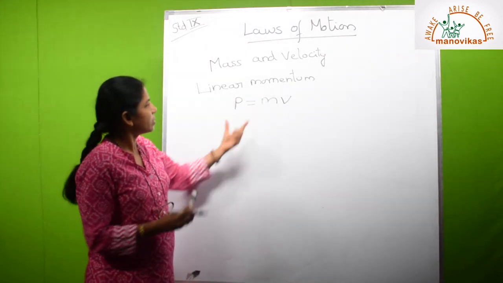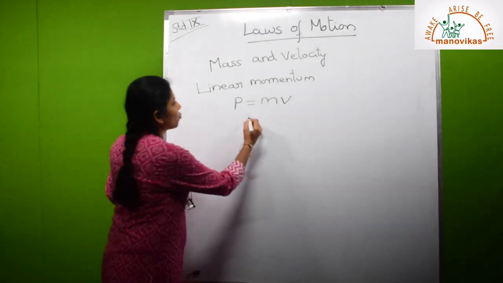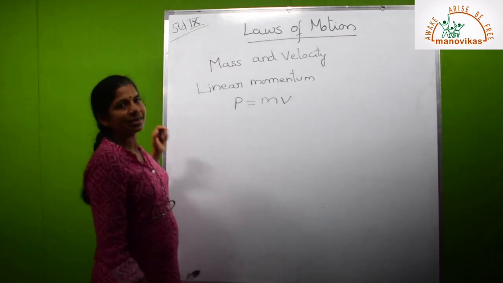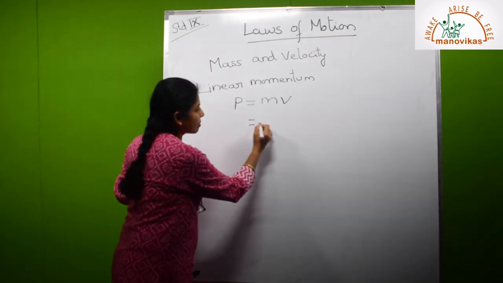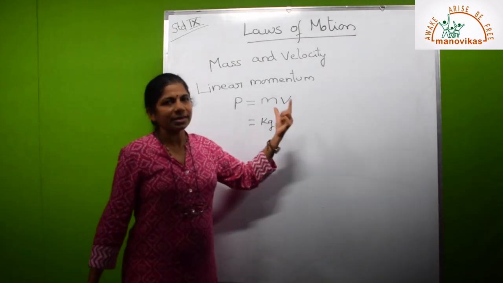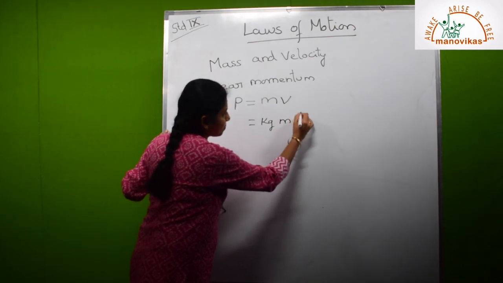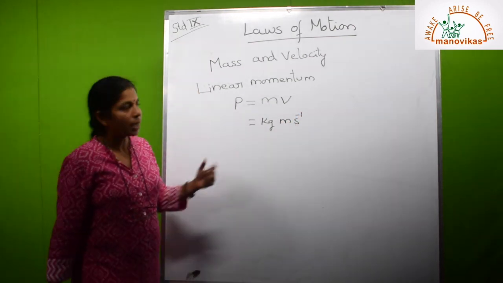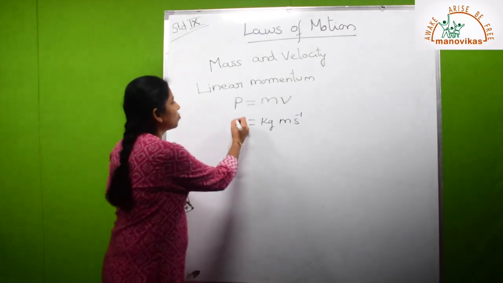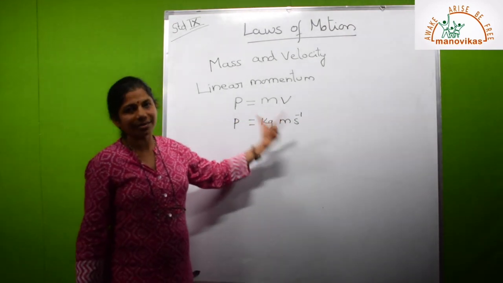Now from here we'll derive the unit of momentum. The SI unit of mass is kilograms, and the SI unit of velocity is meters per second. So the SI unit of momentum is kg meter per second.